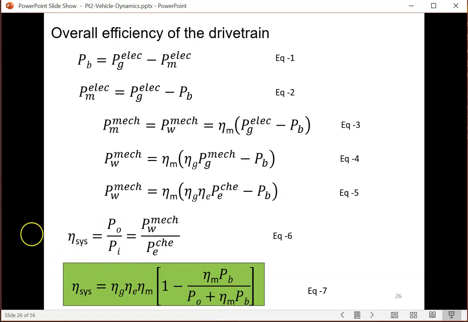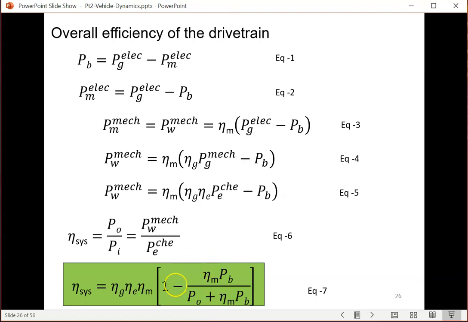Now, combine all this together and you end up with equation number 7, which gives you the overall efficiency at any time. That equals the efficiency factor of the generator times the efficiency factor of the engine, and times again the efficiency factor of the motor.